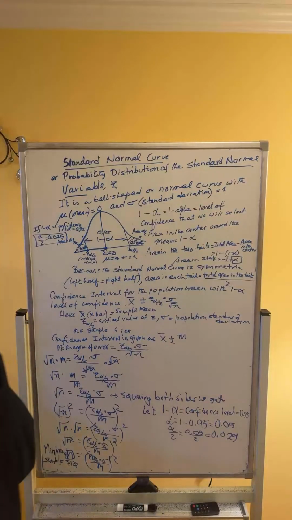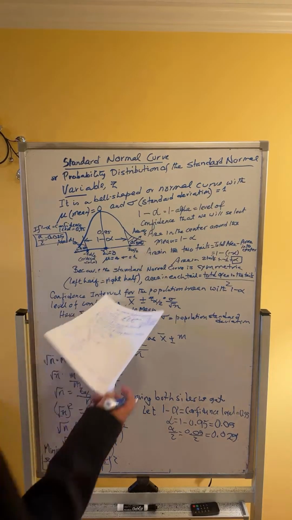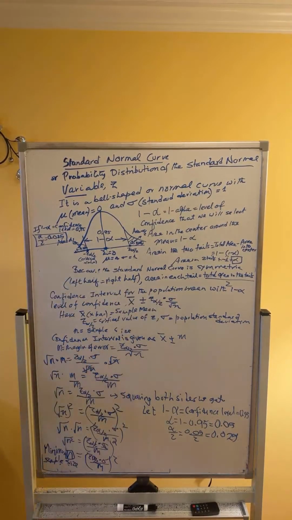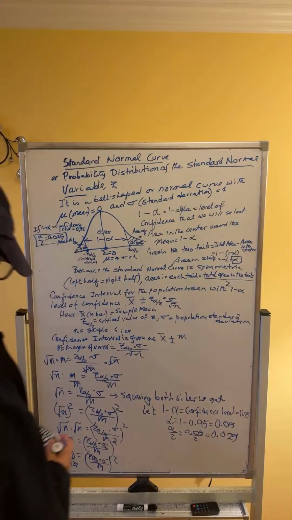Now we can go to our calculator. If we have a TI-84 calculator, we can find the value of negative z alpha by 2, because we know the area in the left tail is 0.025.